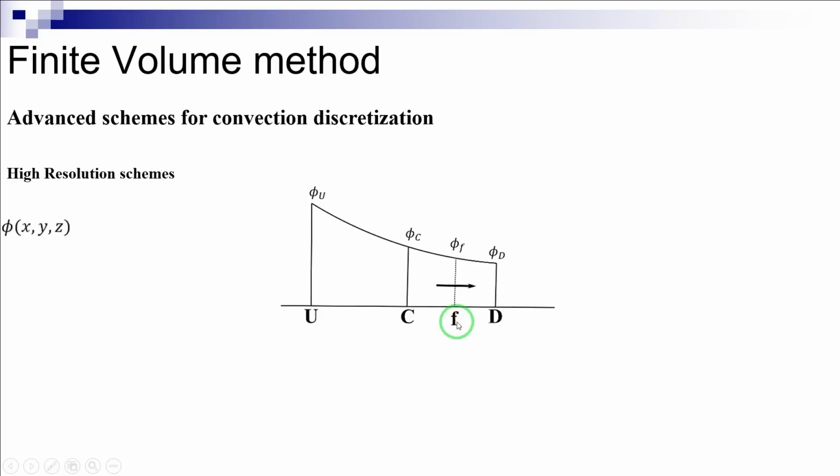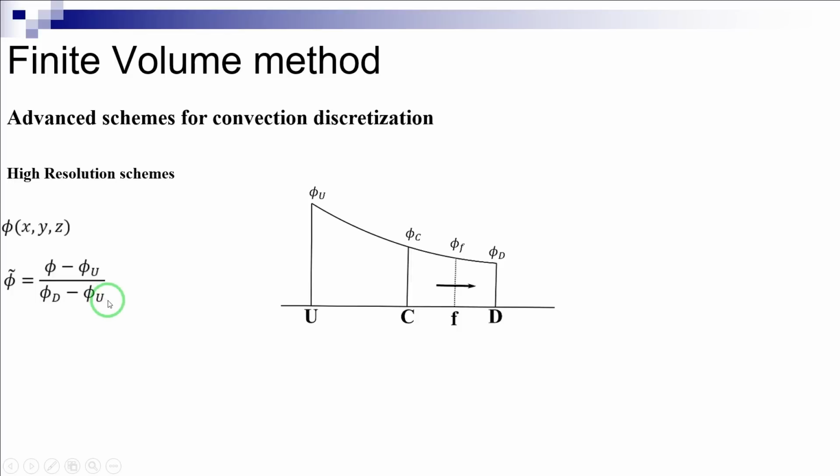Note that the labeling of node values downstream, central, and upstream depends on the normal velocity direction, as of course does the choice of node for phi U, the value of the variable phi at the upstream node. The locally normalized variable phi tilde is defined as follows: phi tilde equals phi minus phi U divided by phi D minus phi U.